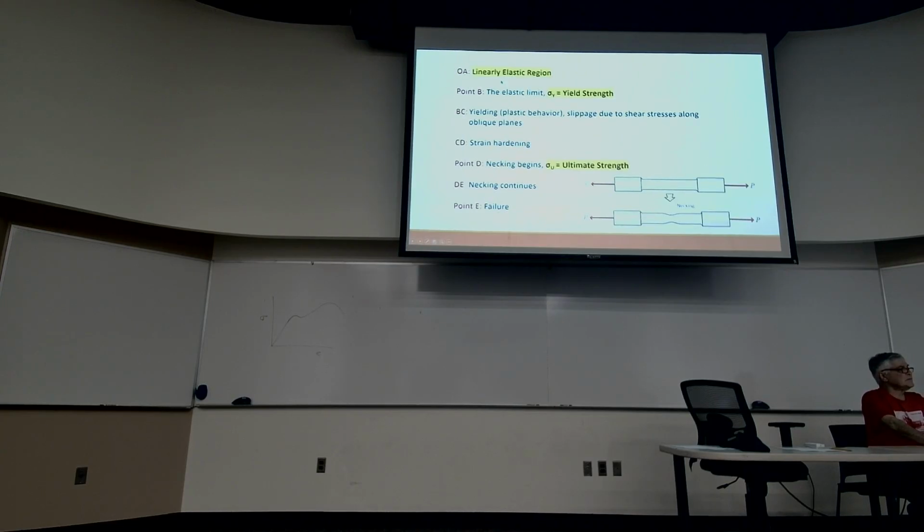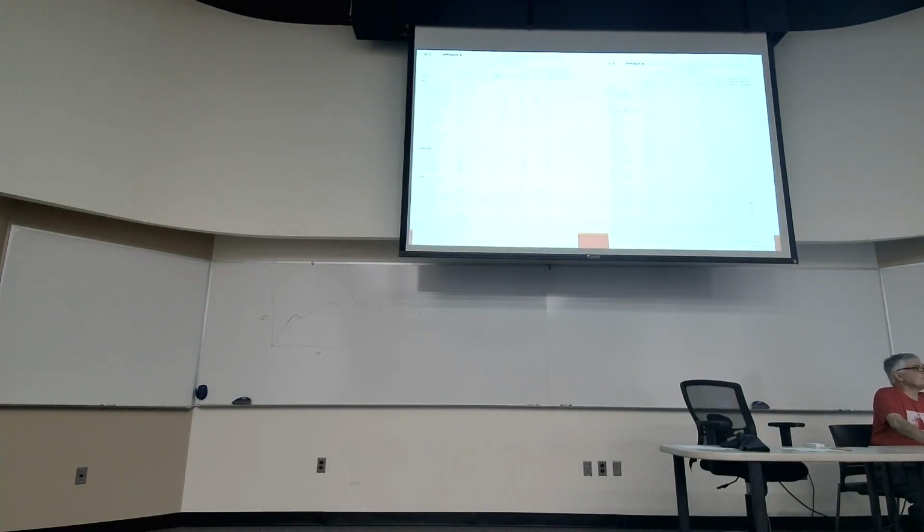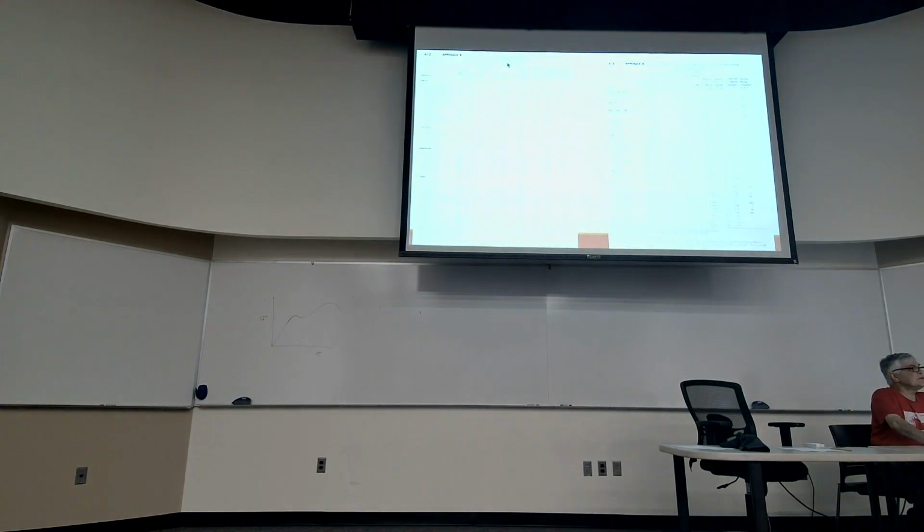So this is what I just mentioned. Sigma Y is yield strength, sigma U is ultimate strength. And these are our tables using SI units, followed by the same tables using English units, which your book calls US customary units.